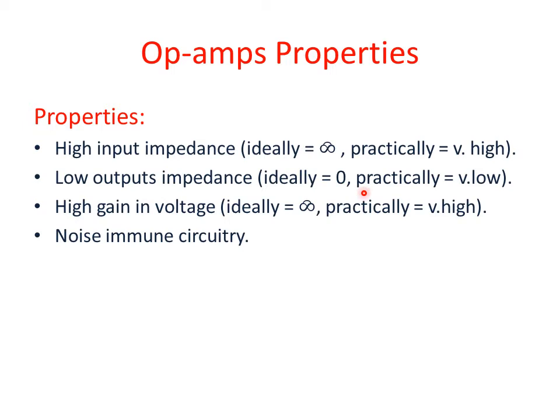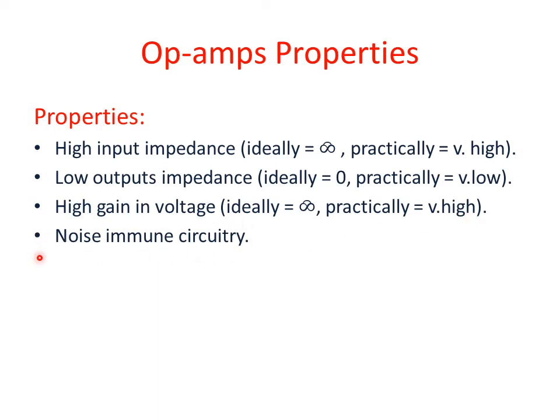Therefore, we would say that practically the output impedance of an operational amplifier will be very low, but not 0. Similarly, we should know that the gain of an operational amplifier is very high. It is infinite ideally, and since it cannot exist in the real world, practically operational amplifiers have very high gains but not infinity.